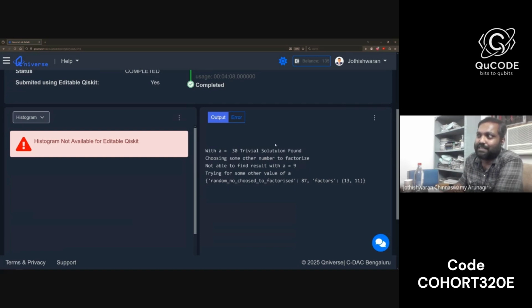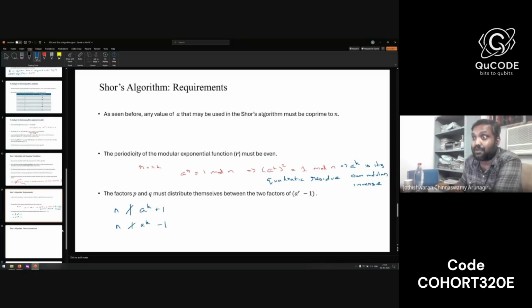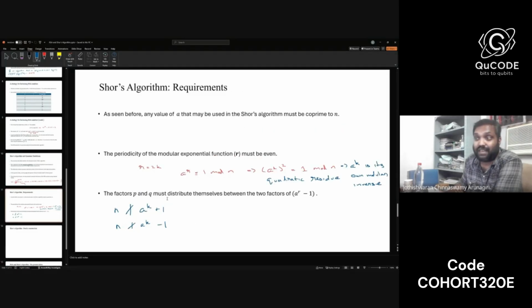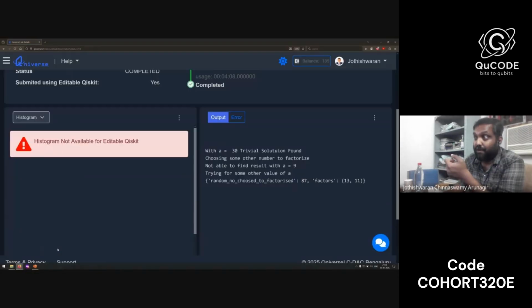So what happened was a trivial solution was found. What is a trivial solution? A trivial solution is when either one of these conditions fails. When either one of these conditions fails, I have no more information, so I need to abandon my algorithm. So A equal to 30 was a bad choice. Then they chose A equal to 9.